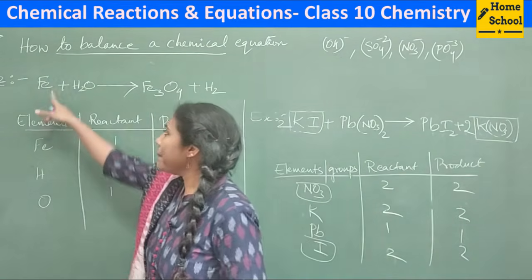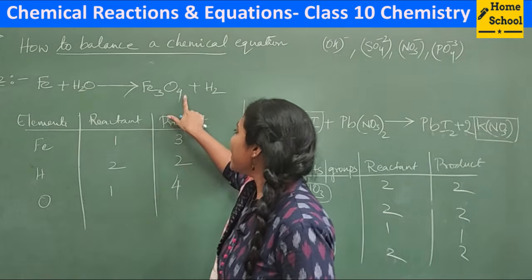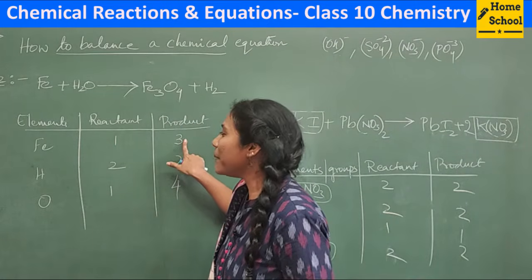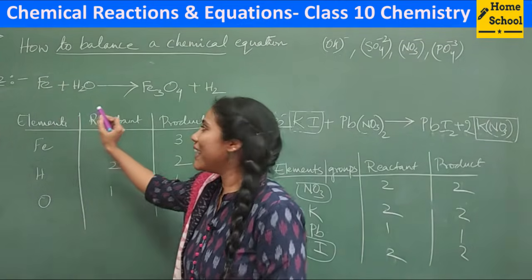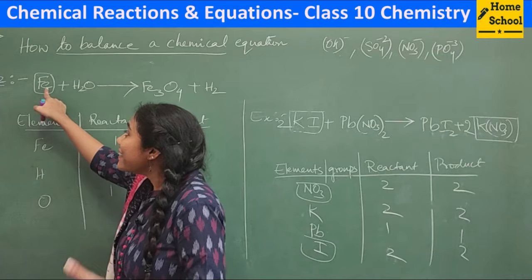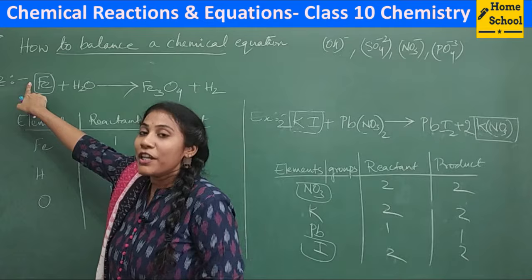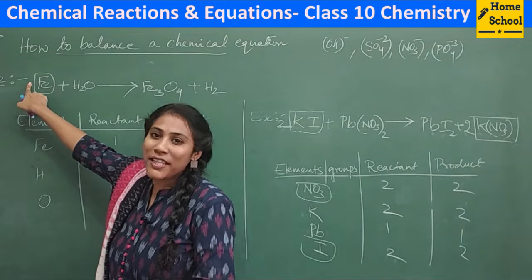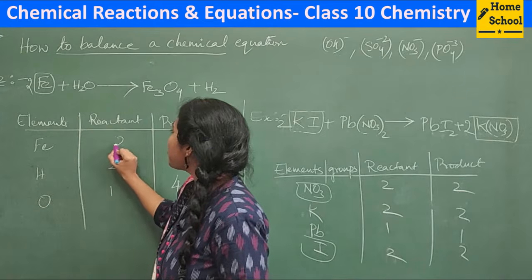Fine. First, let me balance the iron. 1 atom is there in the reactant side. 3 atoms are there in the product side. So where should I put the numbers to balance? Reactant side, less number of iron atoms are there. So in the reactant side, wherever iron is there, before the formula, I need to put the digit. So if I put 1, no change. So try putting 2, what happens? Here it becomes 2, right?